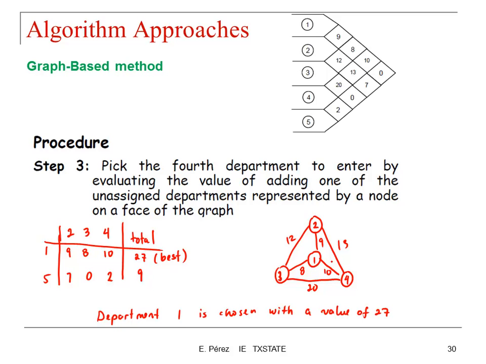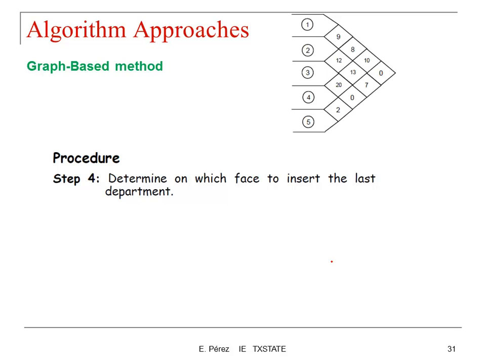And then step 4 is to determine on which face to insert the last department. So we're going to look at 5 with respect to 1, 2, 3, and 4.